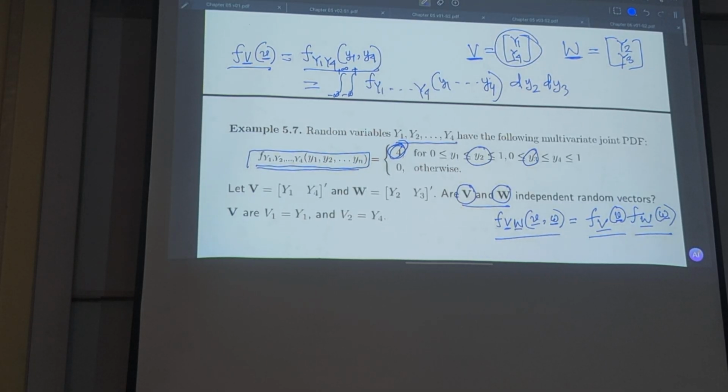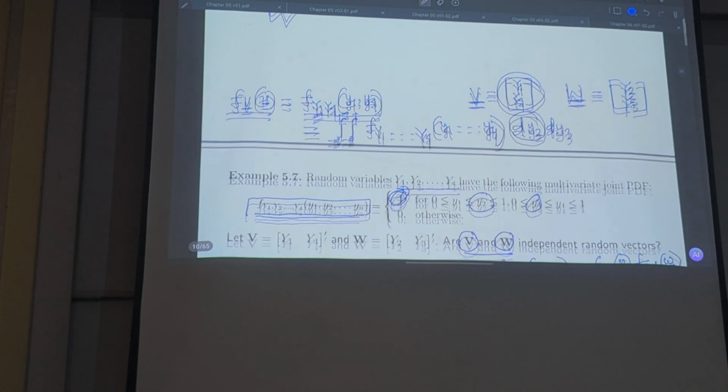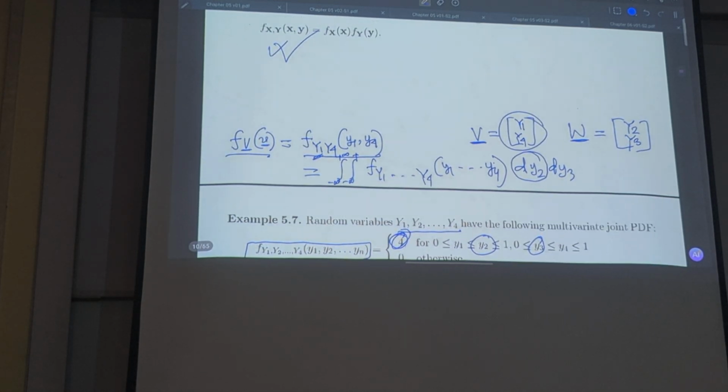So what will be the limit for y2? Given a particular value of y1, what will be the limit of y2? That depends on how y1 and y2 are related.